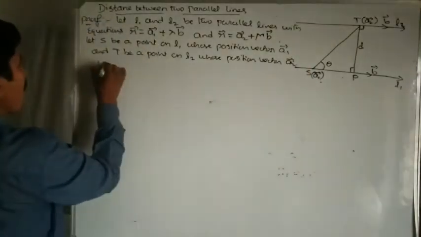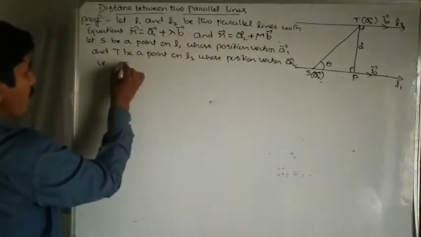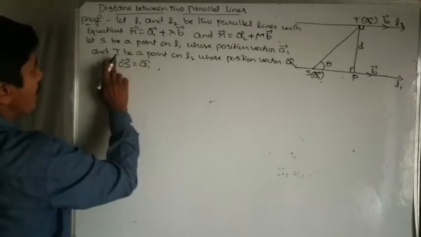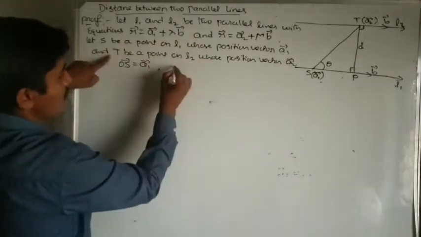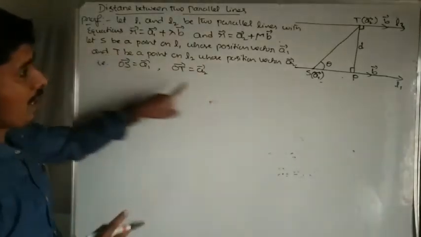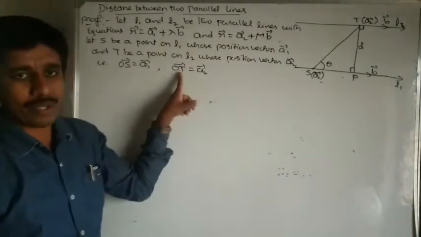That is, the position vector of S is vector OS equal to vector A1, and the position vector of T is vector OT equal to vector A2.